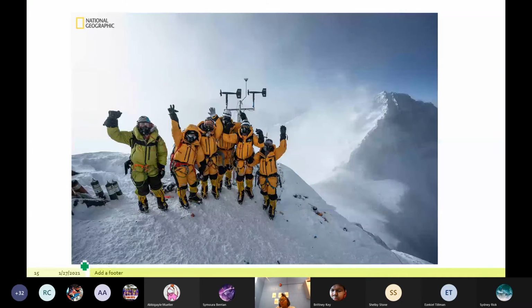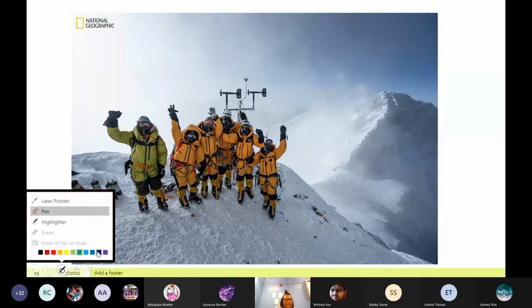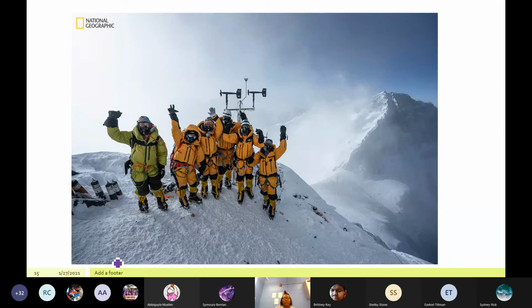And the last tool that we use is what we see these fantastic meteorologists doing at the top of one mountain: direct observation. Yes, our tool number 3 will be direct observation.